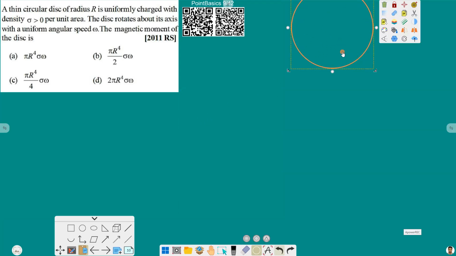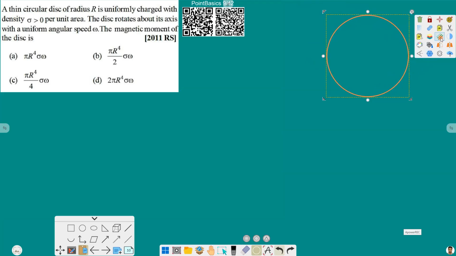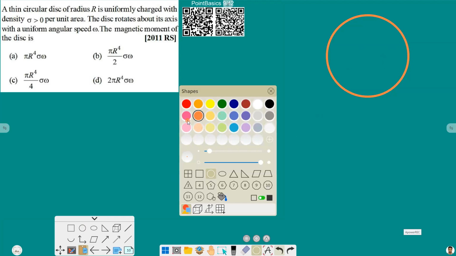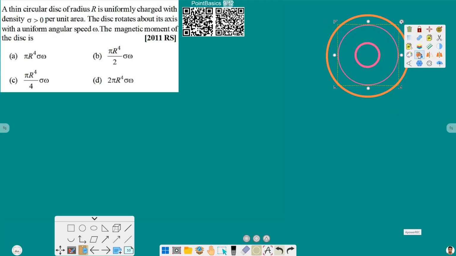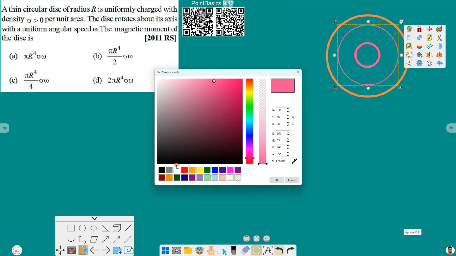So suppose this is our disk, and let's draw two thin surfaces here. This is the first one, and this is the second one. Let's change its color.